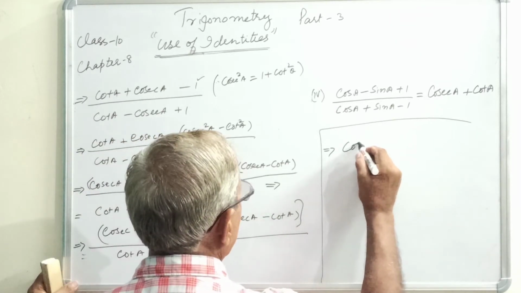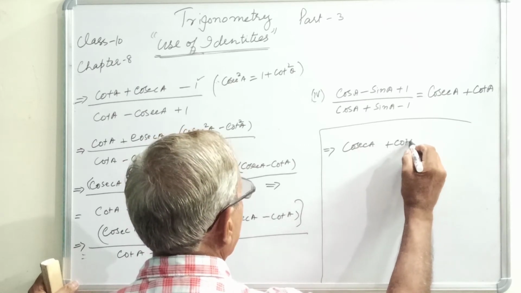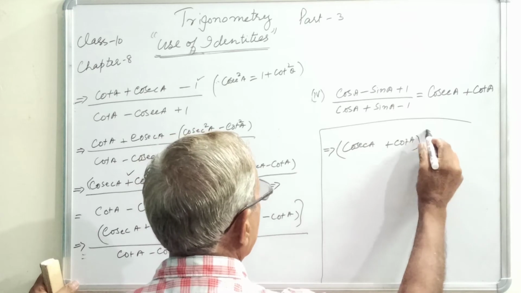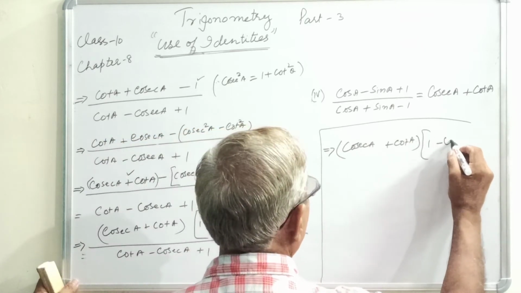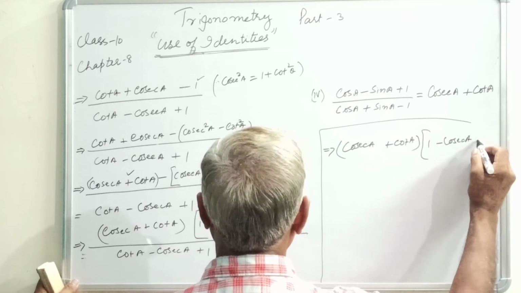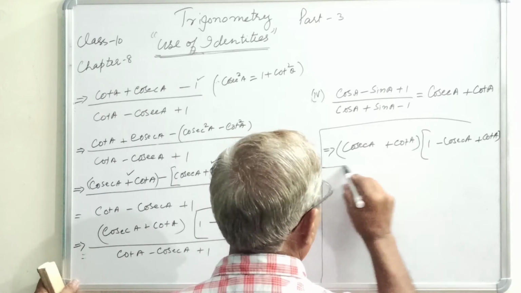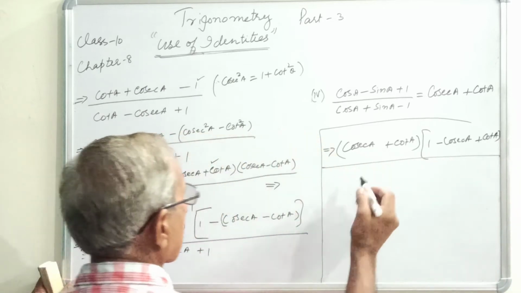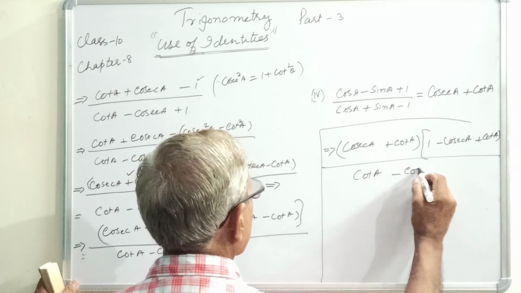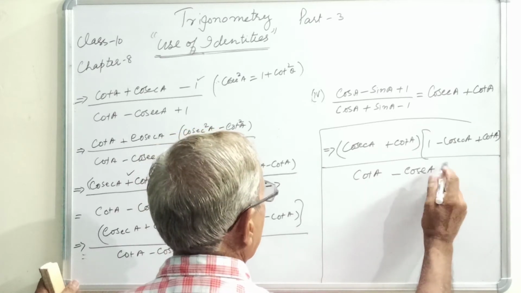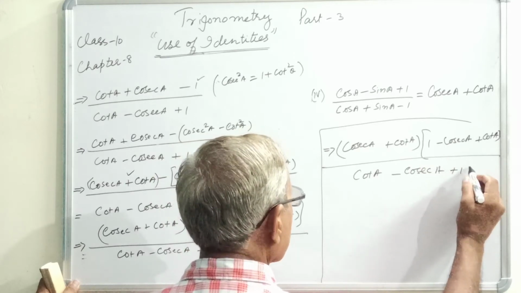cosecant A plus cotangent A, and the second bracket is 1 minus cosecant A plus cotangent A, and the denominator is cotangent A minus cosecant A plus 1.